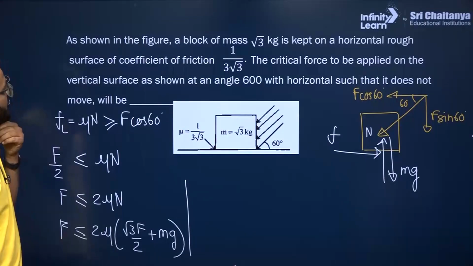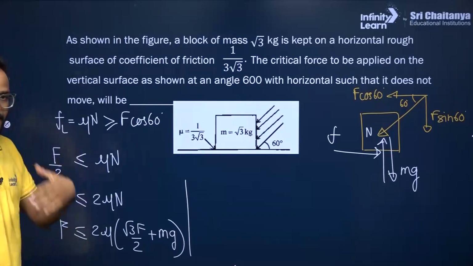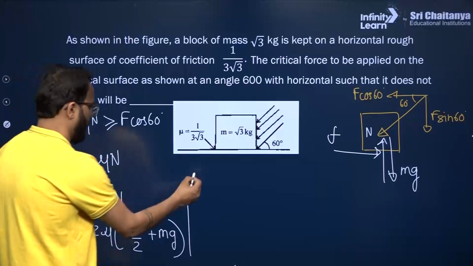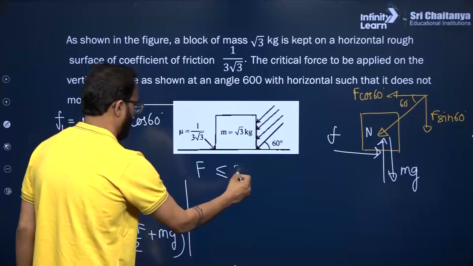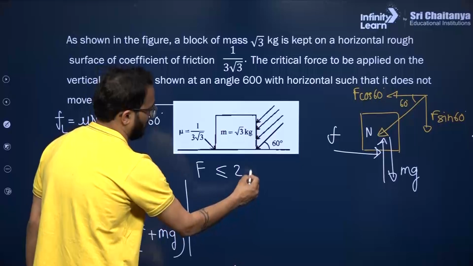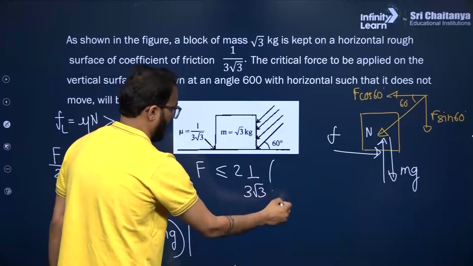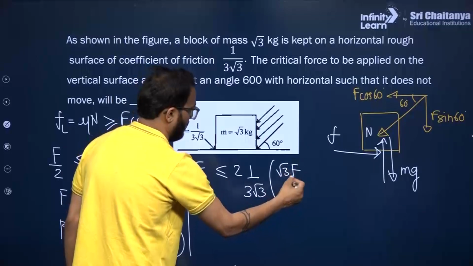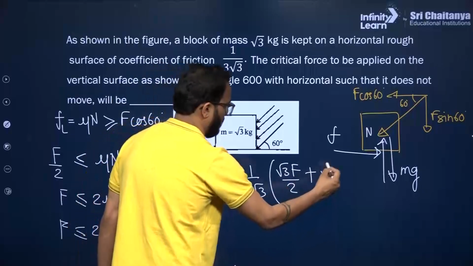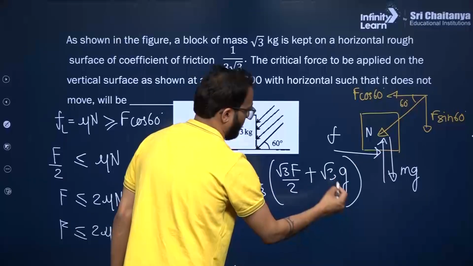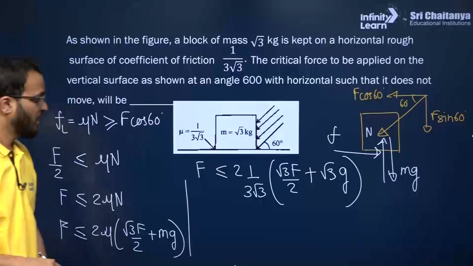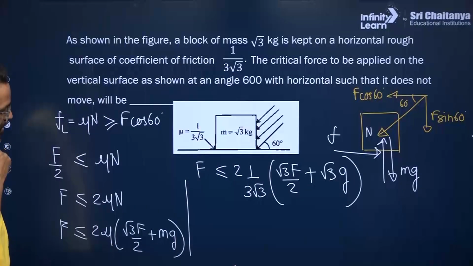Now what you do, a mass is given, root 3 kg, put everything and get your answer. So F will be less than or equal to 2 into mu, which is 1 by 3 root 3, into root 3 F by 2 plus root 3 into g. Mass is root 3, so root 3 gets cancelled.